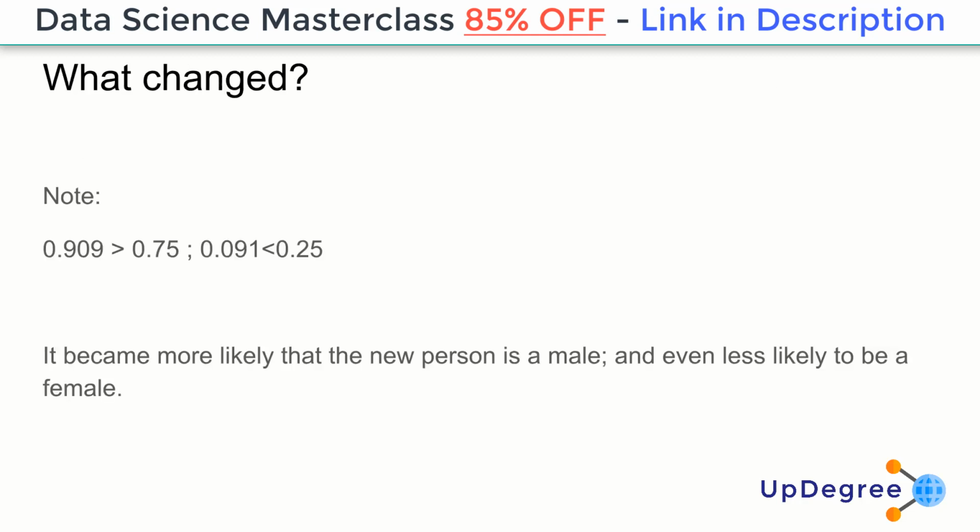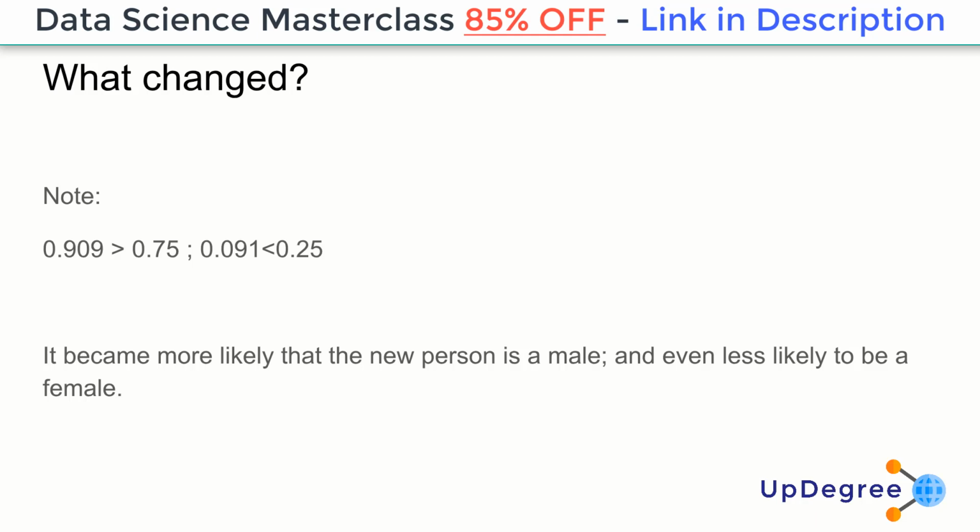So what changed? Right now, we are 90% sure that the person is a male compared to 75%. And we are even less sure that the person is a female. So our vote towards the male class increased by a whole lot.